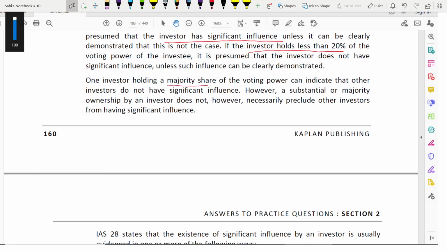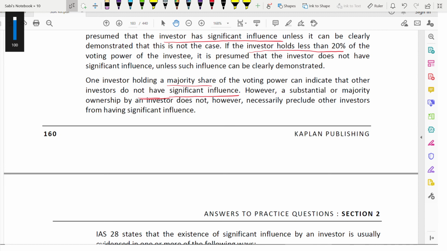What does it mean? Let me demonstrate this with an example. In your class, let's say there's a vote. One of the children has, let's say, 80% voting power. One child only. There are 10 students, one child has 80%.